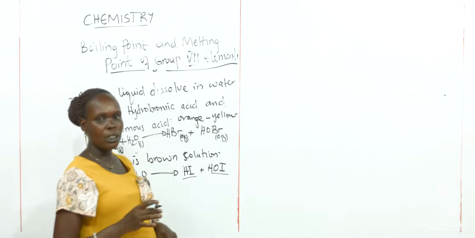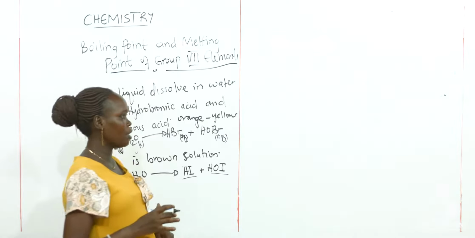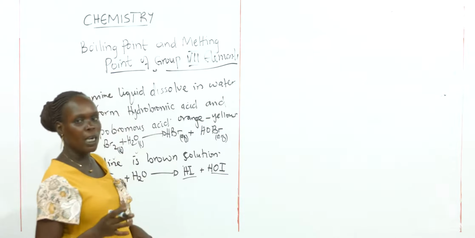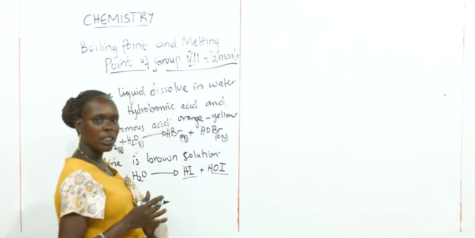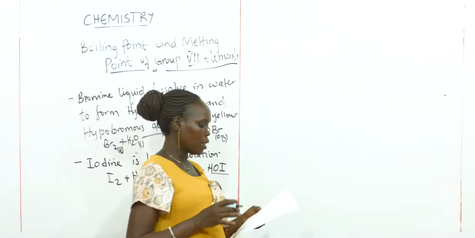So we are going to see that the reaction of group 7 with the water is very important in forming both the weak acid and the strong acids. So we are going to see that fluorine, although it is very strong, or more reactive than the rest of the elements, is still reacting with some other reagents.